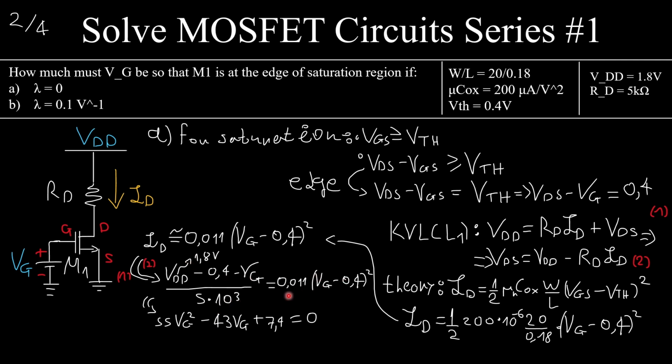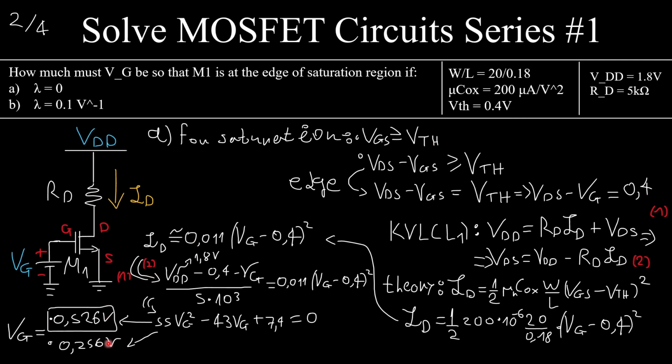When I do the algebra here, I have nothing but a common quadratic equation for VG, where I will have two roots. Hopefully you know how to solve quadratic equations. VG is going to be equal to either one of these two values. Because I know I'm in the saturation region, VGS, or VG in this case, must be more than or equal to VTH, which is 0.4.